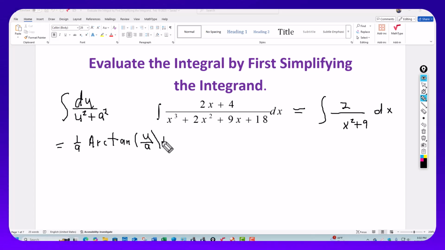And that'll be plus the constant of integration.